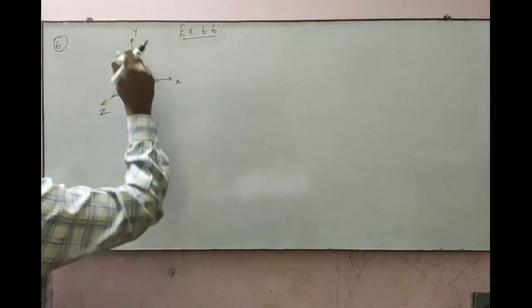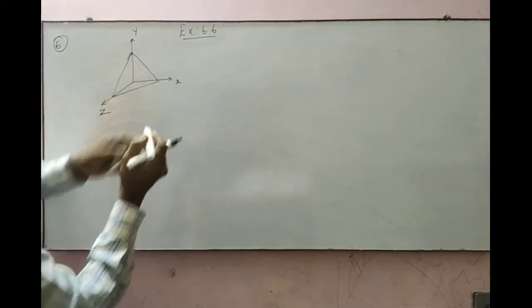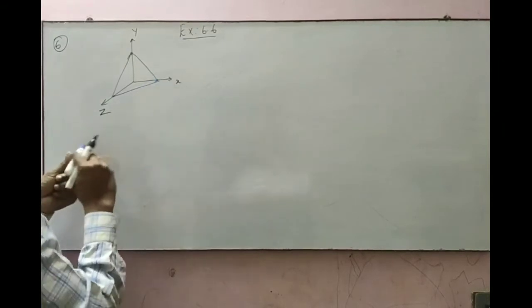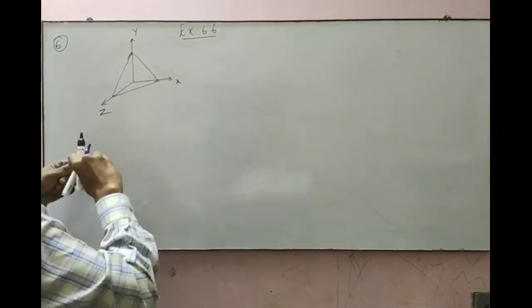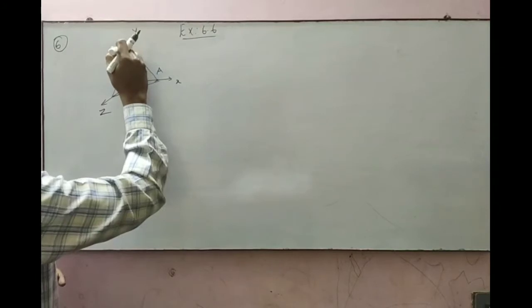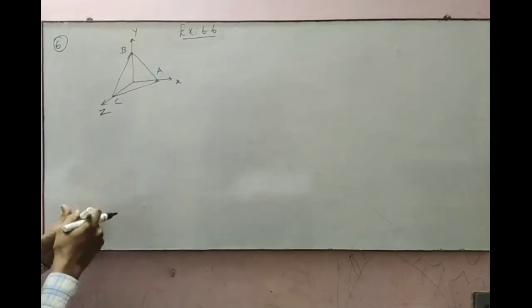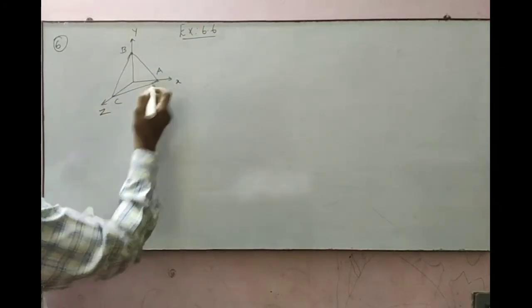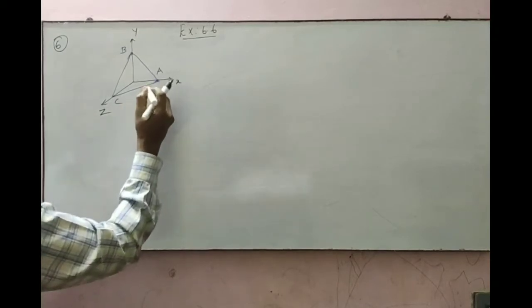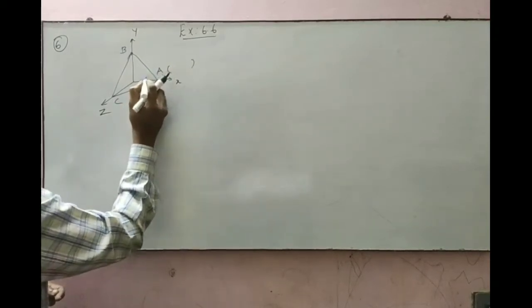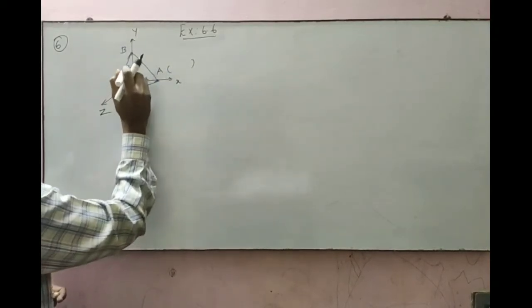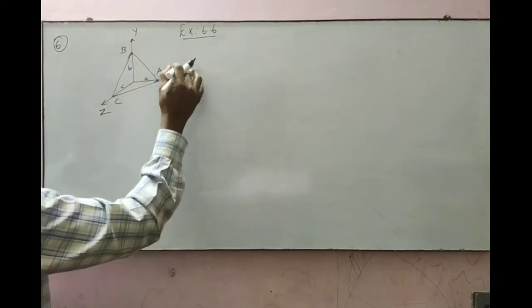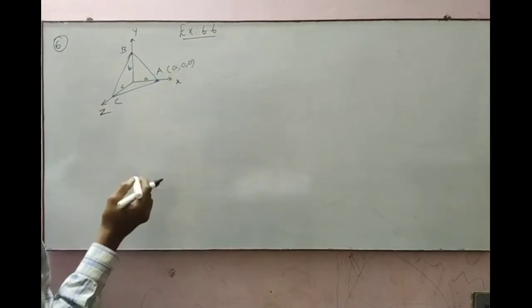This is a plane. This plane cuts all three axes at the points A, B, C in the x axis, y axis and z axis. Since they cut on the axes, you can write these points using the intercepts as a, 0, 0.